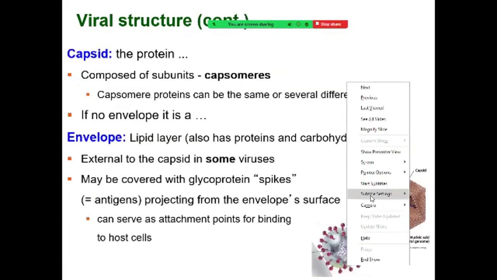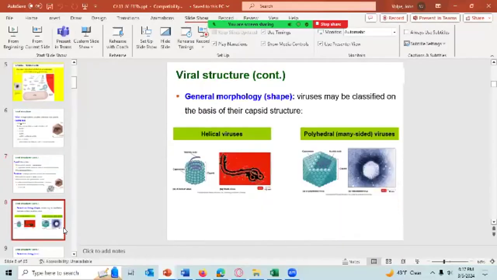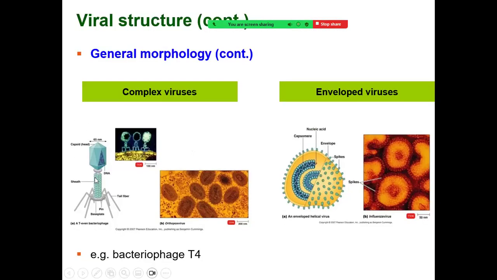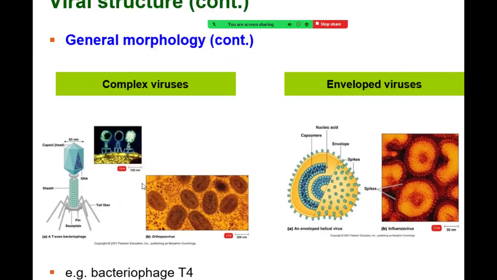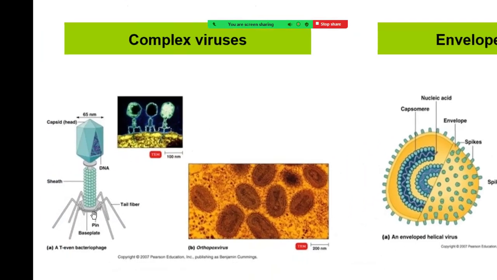Let me show you one. Oh, here we go. This virus here would have at least one capsomere for the head, probably two capsomeres for the sheath, one capsomere for the tail fibers, one capsomere for the pin, and one capsomere for the base plate.